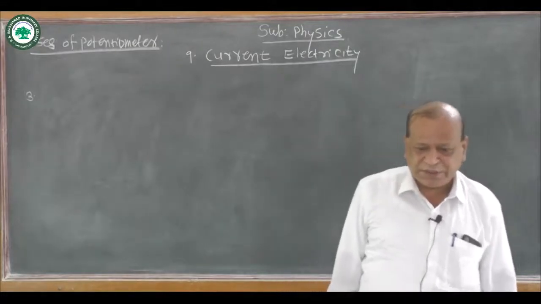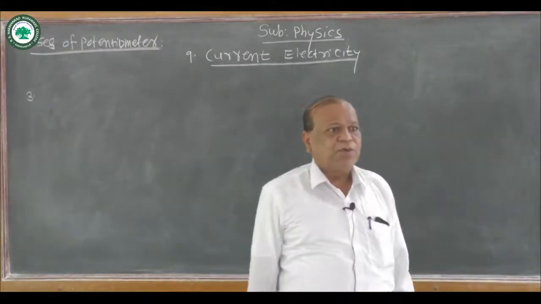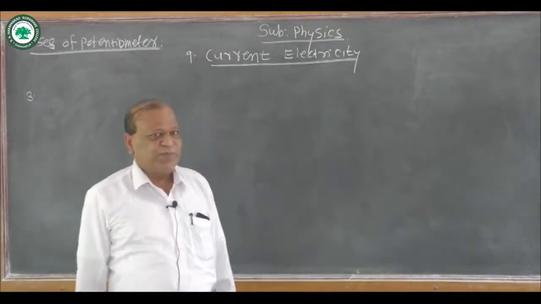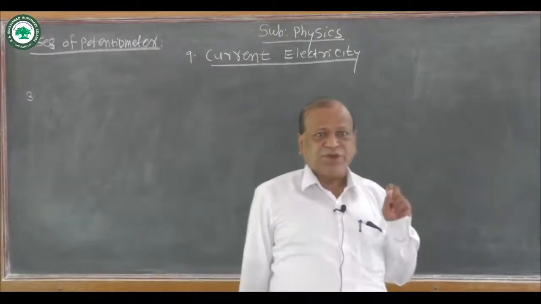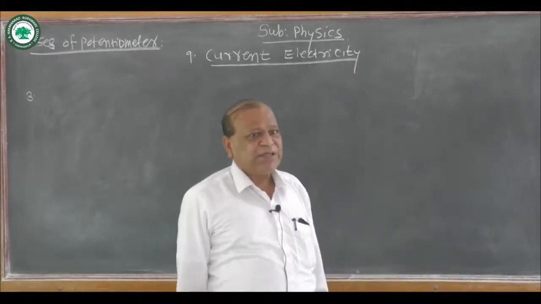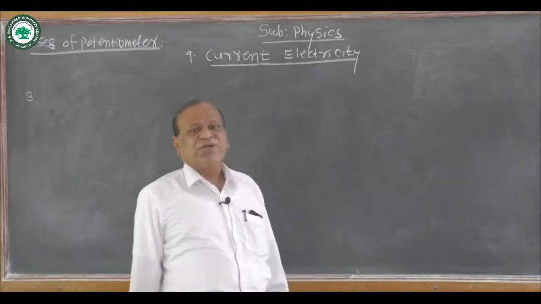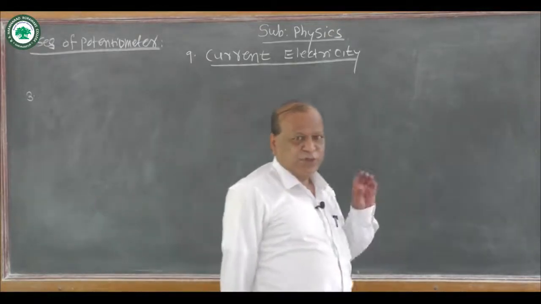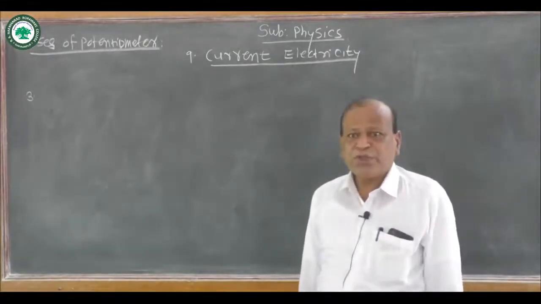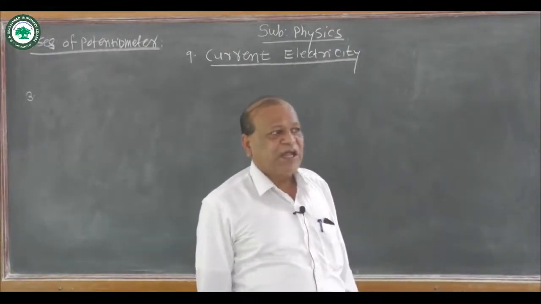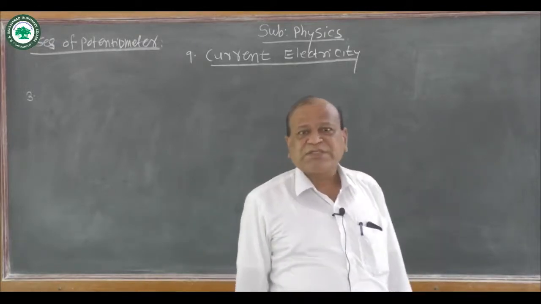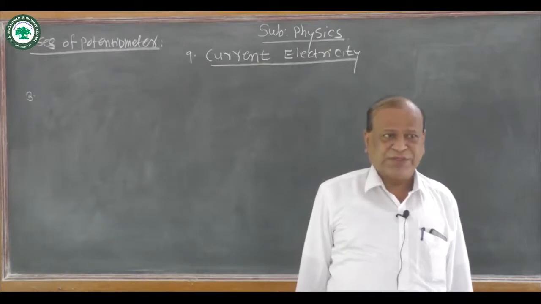In the previous lecture, we already studied the principle of potentiometer and some uses of potentiometer. First, to determine the EMF of a given cell. Second, to compare the EMFs of two given cells by the individual method or by the sum and difference methods.